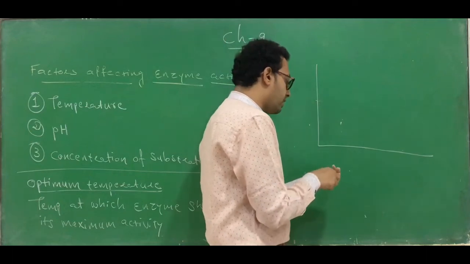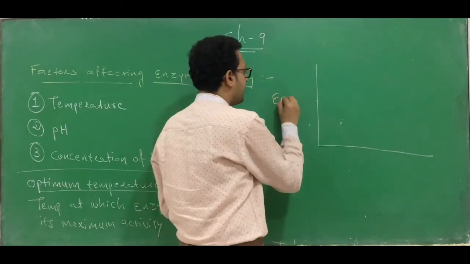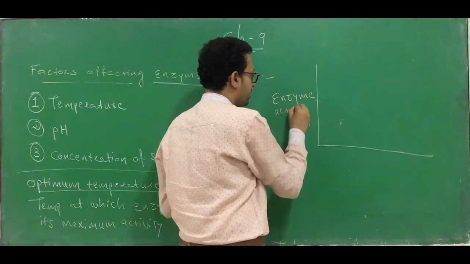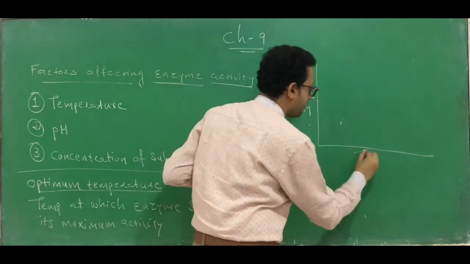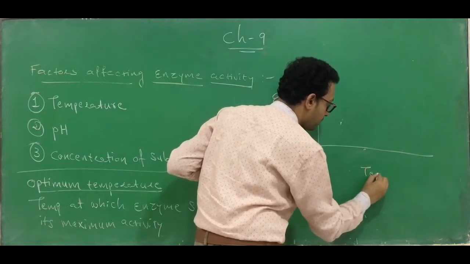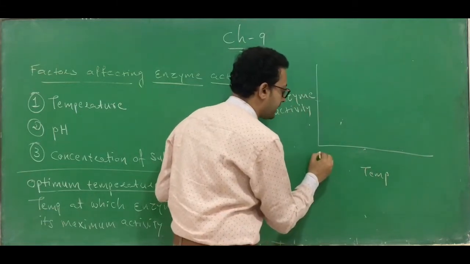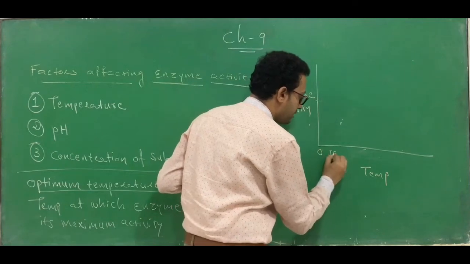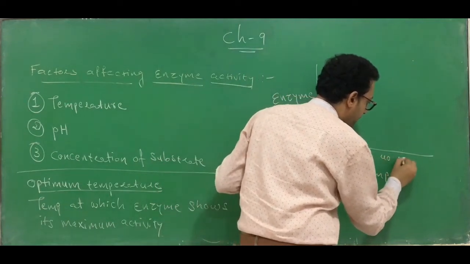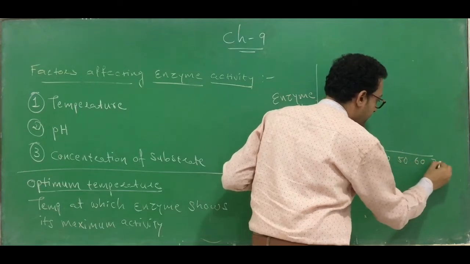So if you plot a graph of enzyme activity versus temperature, I am writing over here a scale of 0 degree, 10, 20, 30, 40, 50, 60, 70 and so on.